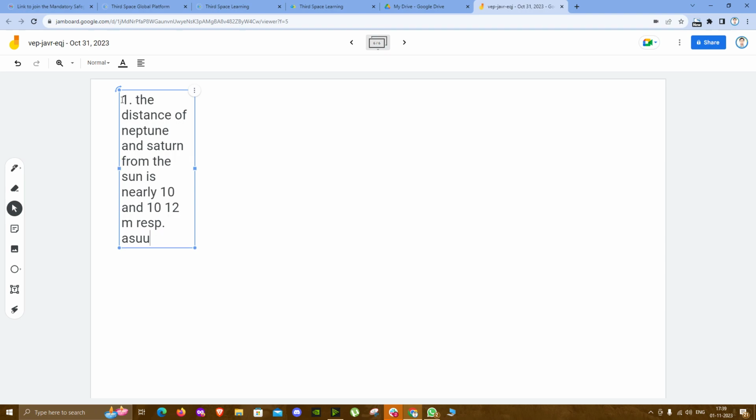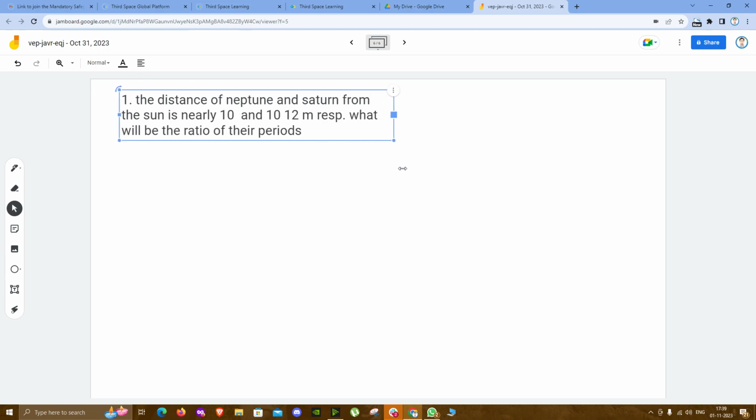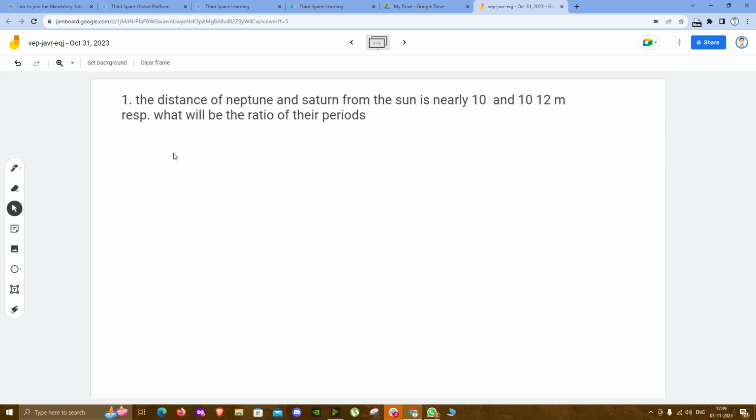Now assume that they are moving in circular orbits. Okay, so then what will be the ratio of their periods? So this is what you need to figure out.